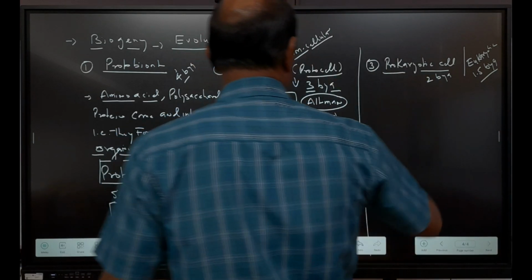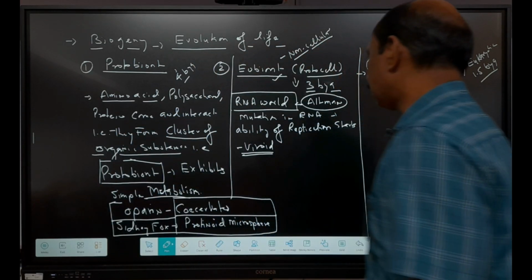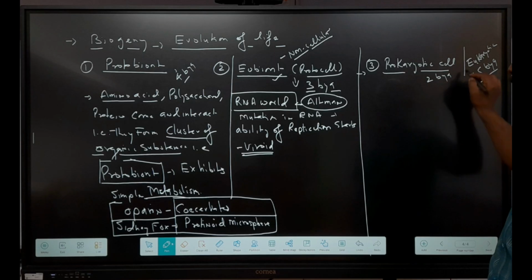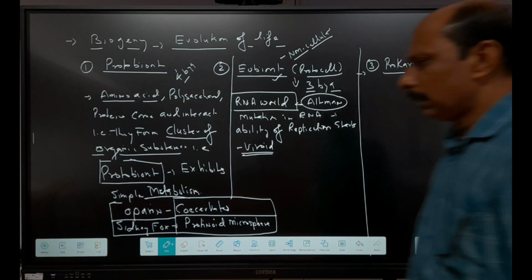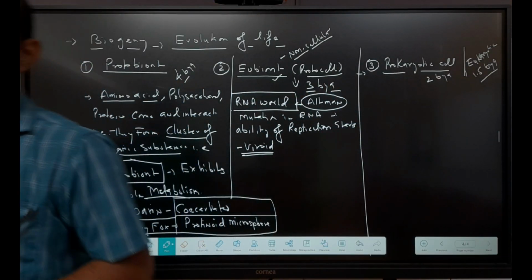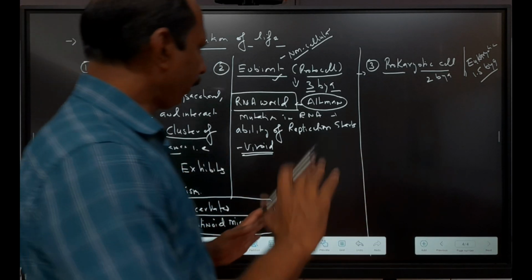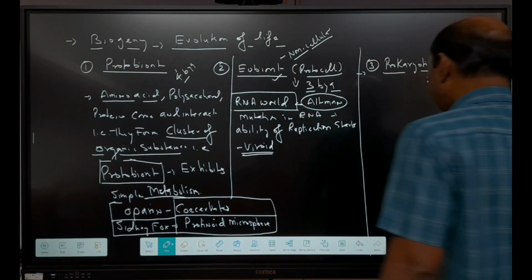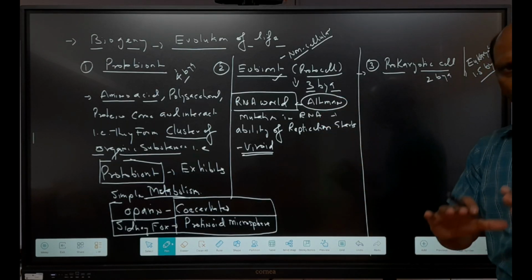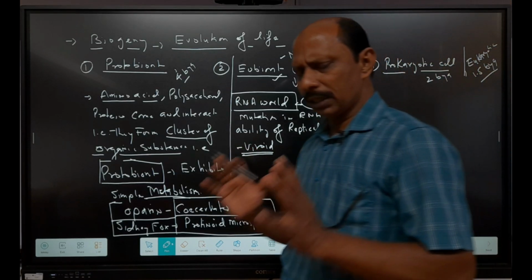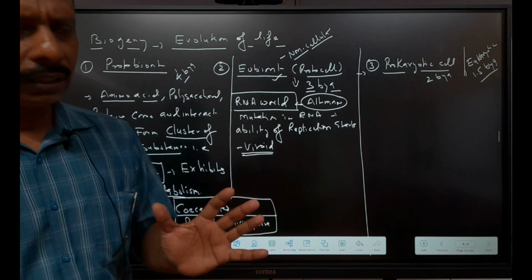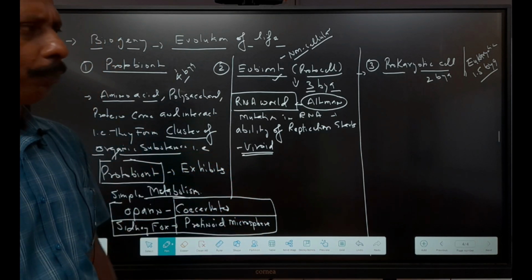Now third is our prokaryotic cells. A cellular form of life evolved. How was a cell formed? This is also not very clear, but some scientists think that after many years, some complex structures were formed, and these complex structures first formed the prokaryotic cells.